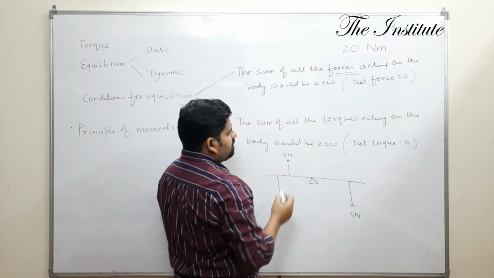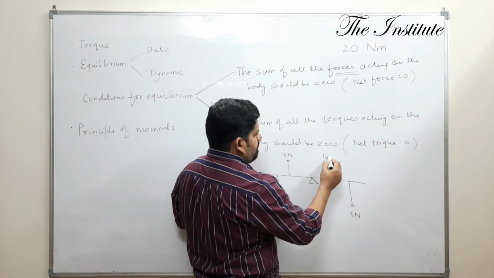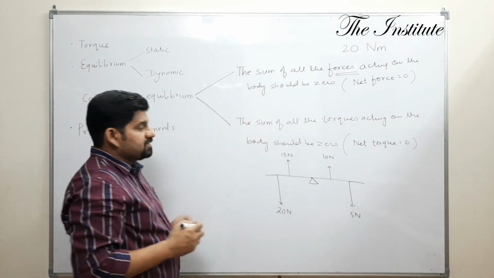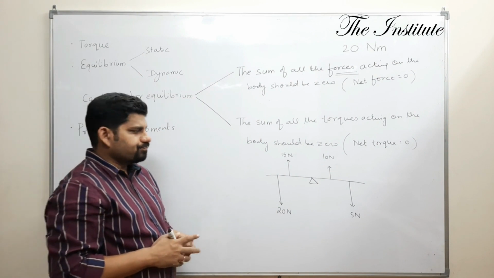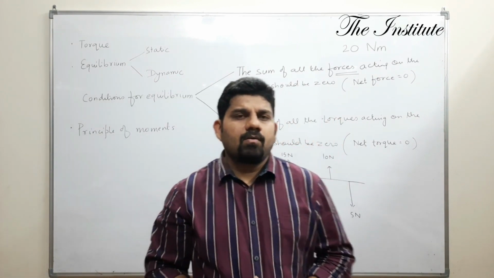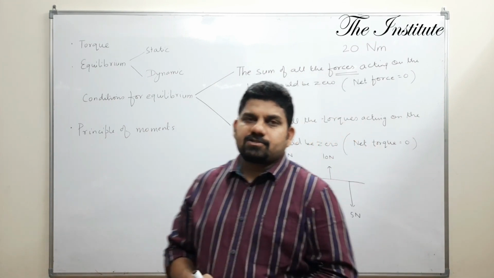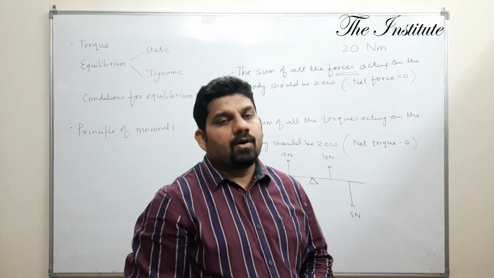A 15 Newton force in the upward direction. And also a 10 Newton force in the upward direction. So we need to know whether this rod is going to be balanced or not. That means in equilibrium or not.